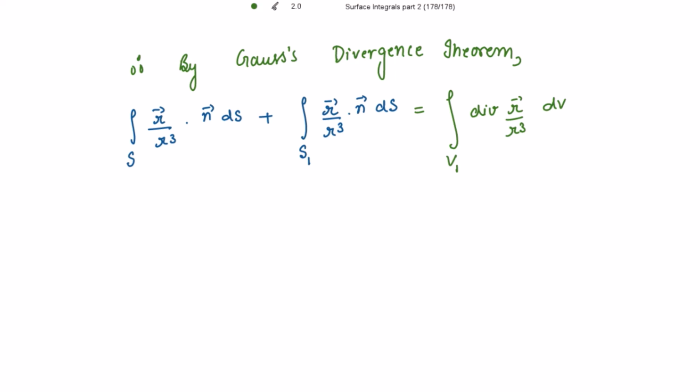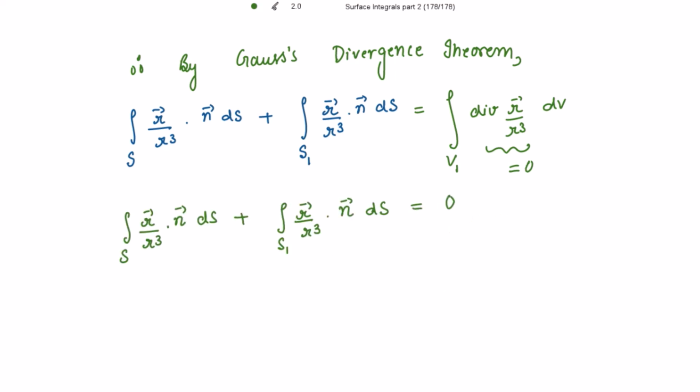Very important. Now because this divergence is equal to 0, we have already shown this, this volume integral is 0. So this is the volume integral of 0 dv, that is equal to 0. So their sum is equal to 0.